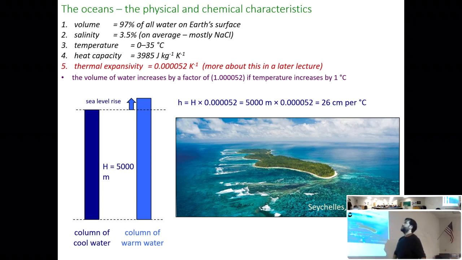That would be a huge deal. It would increase the sea levels by 26 centimeters, which is a lot. That's over 10 inches. I guess maybe that's not that much, but it's something. I mean, it's 10 inches.